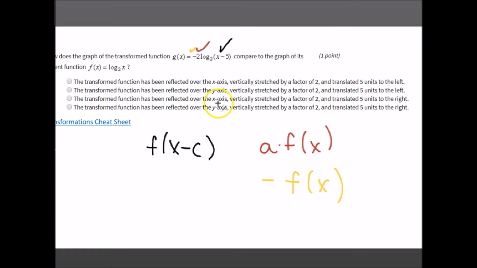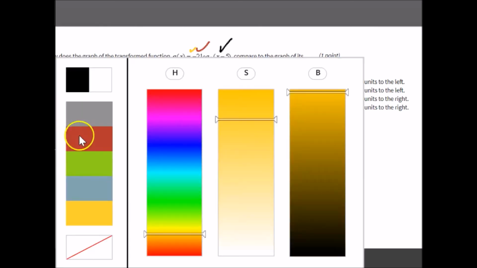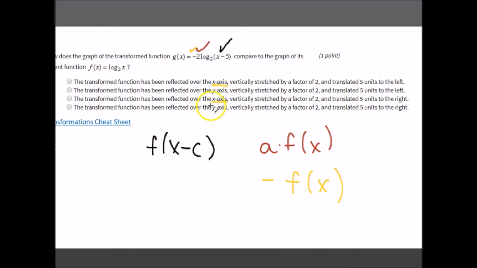So right off the bat, I know I'm either C or A right now because of the reflection over that x-axis. Let's go to the maroon colored item, where A is 2 in this case. So A is bigger than 1, so we've got to stretch vertically by a factor of A. If we're stretching vertically by a factor of 2, well, both of those had that.